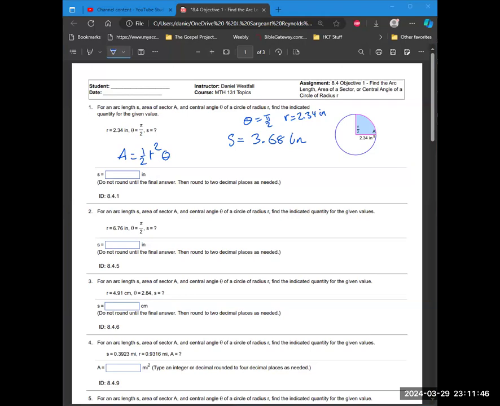And the area of this sector would be 4.30. Let's see if I can show that to you in another way that would make some sense to you.